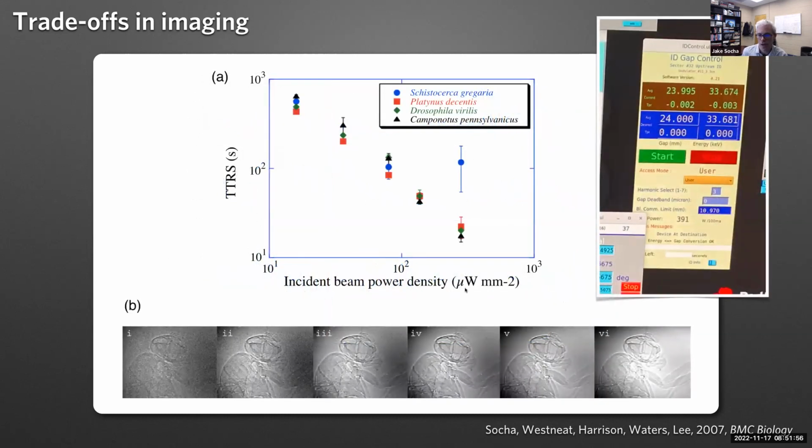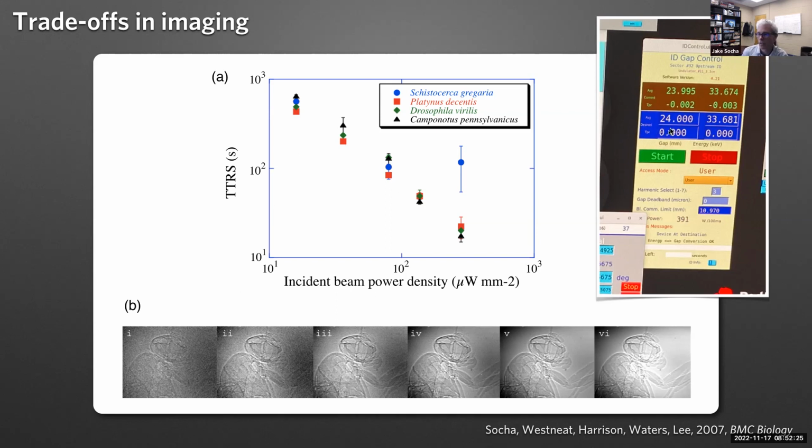This is the power of the beam. In other words, you get more photons on the animal, and increasingly it makes a better and better image. Okay, so this is a poor image, and this is a nicer one, or this is probably the nicest one, a little blown out. But you can see here that the time to this respiratory signal goes down. That means that the animal's dying more quickly, right? So you want to be working up here, and so you want to lower this as much as possible.